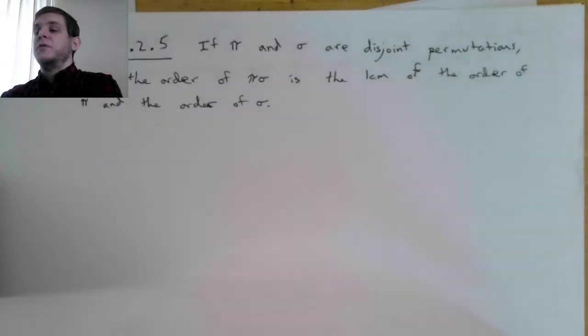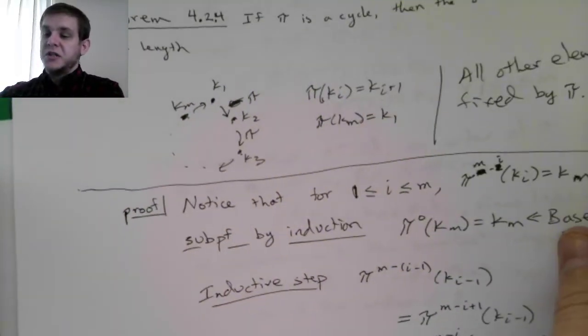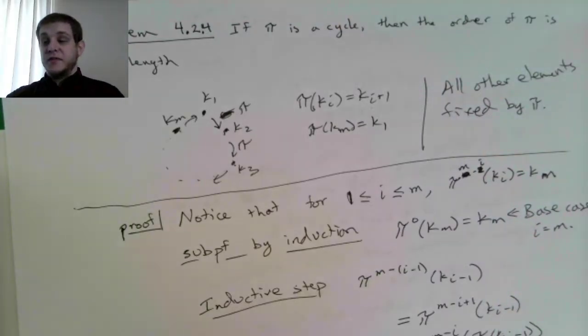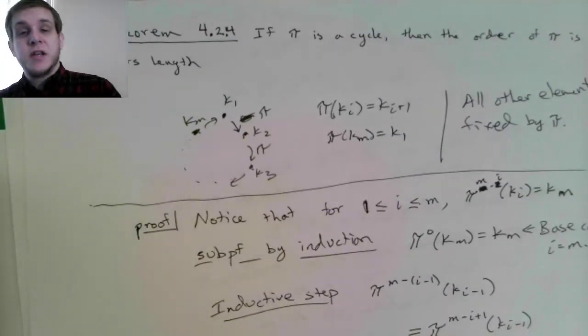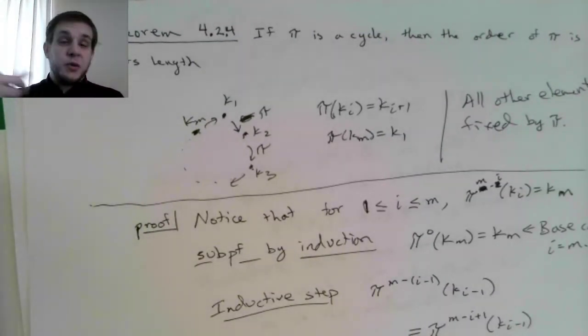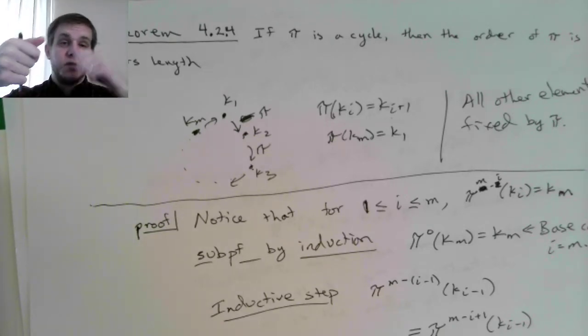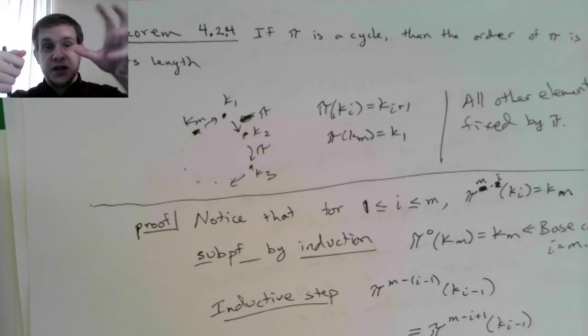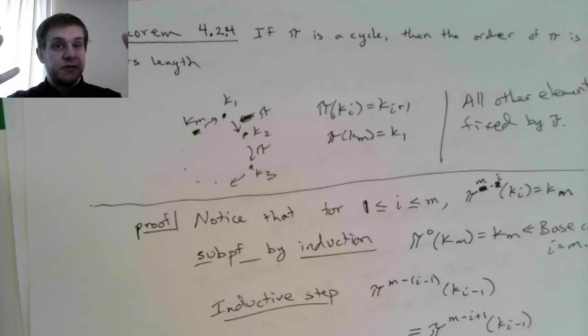Okay, so if you remember, one of the things we proved about permutations is that they're always a product of disjoint cycles, which means two permutations in general are disjoint if whenever something is moved by one permutation, it's fixed by the other, and vice versa. So the things that pi is moving and the things that sigma is moving are totally different.